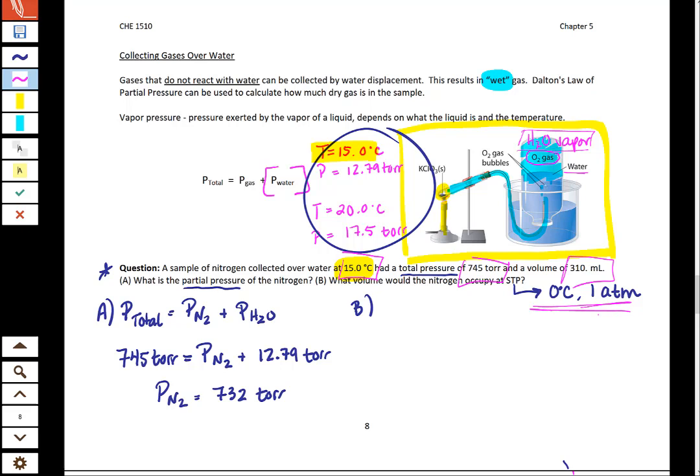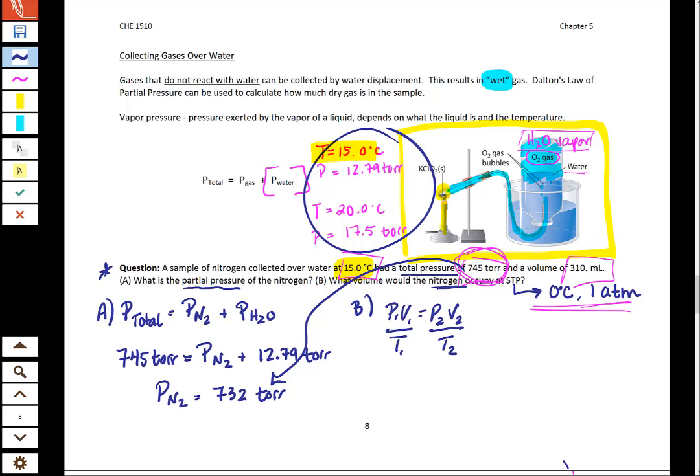Now, the one tricky part is the starting pressure that you're given, the 745, is not what you're going to plug in to your P1 V1 T1 over P2 V2 T2, because you just took a moment to figure out what the pressure of the nitrogen is, and this question asks you what the volume of the nitrogen would be at STP.